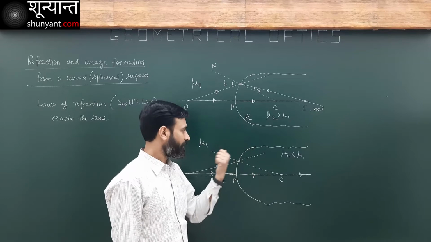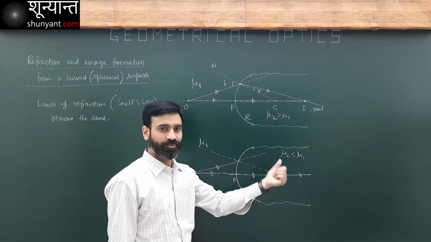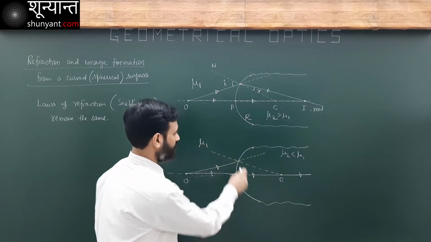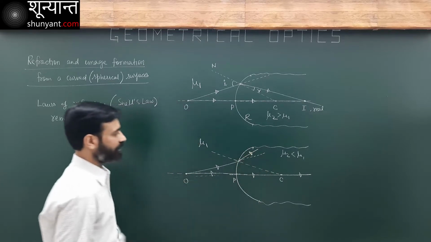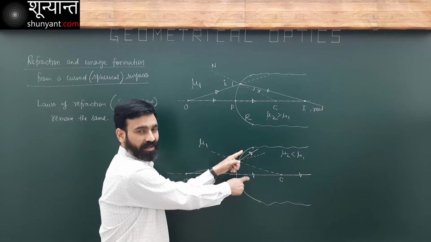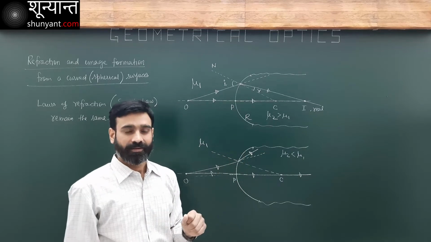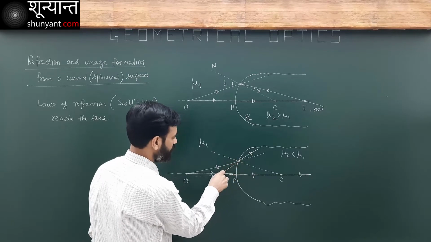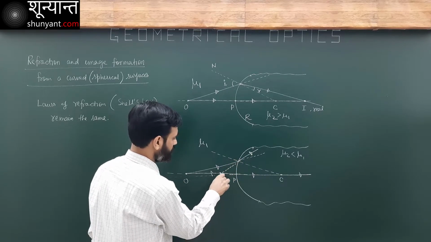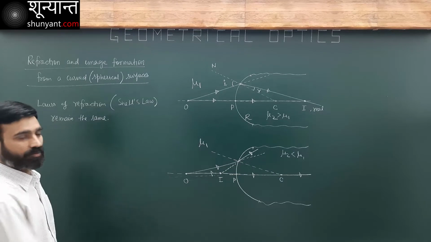Light is going from denser to rarer, so it is going to bend away from the normal. It is going to bend like this. That's how the light will bend. So these two are refracted light rays. They are not going to meet, but if I extend them backward here, they appear to be coming from this point. So this becomes my image. This is a virtual image.